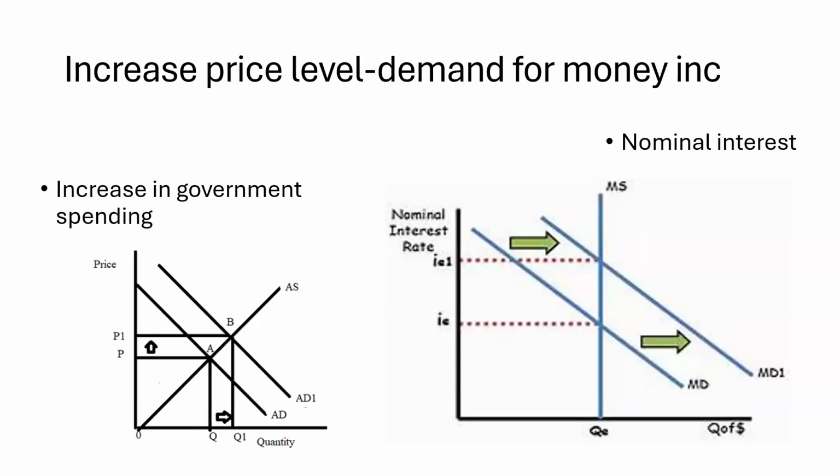All right, so an increase in government spending from A to B, what happened to price levels? They increase. I need more money in my pocket. Demand for money increases, and so does interest rate. So it's A. All right, there were two very similar ones like that.